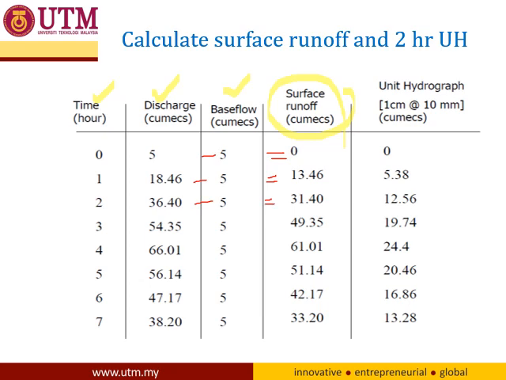And so on until the end. See here the interval is 1 hour, 1 hour, 1 hour. Next, you know this surface runoff is in the unit of Qmax, cubic meter per second.